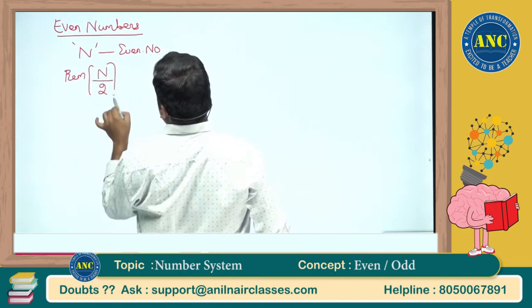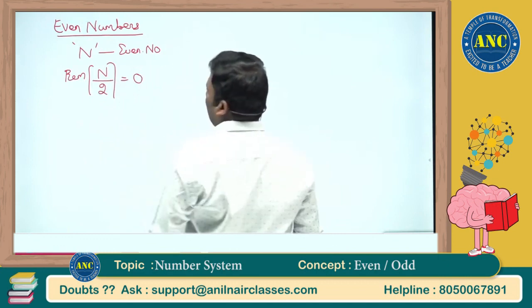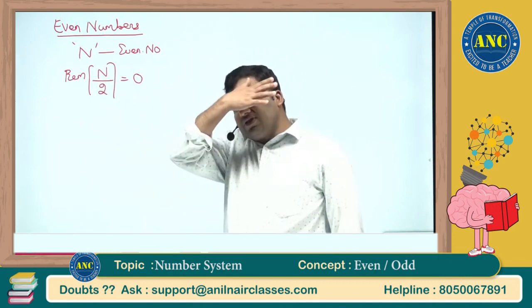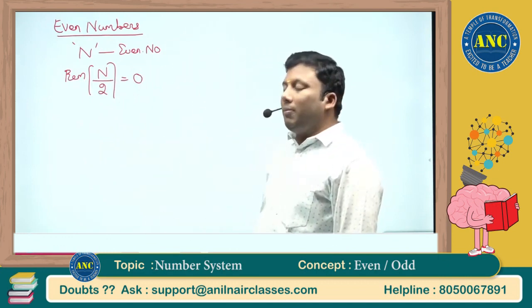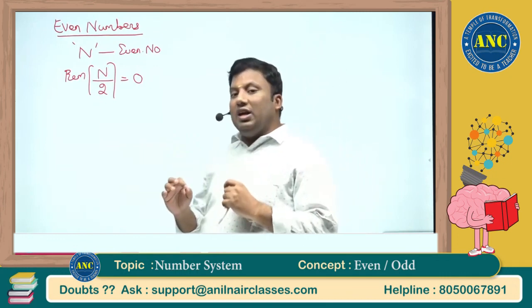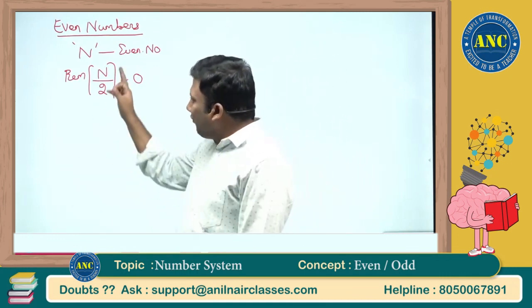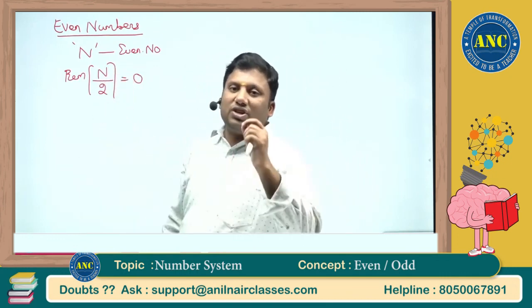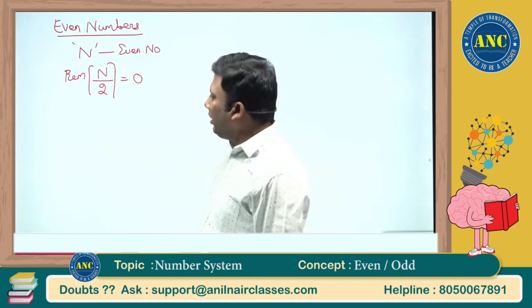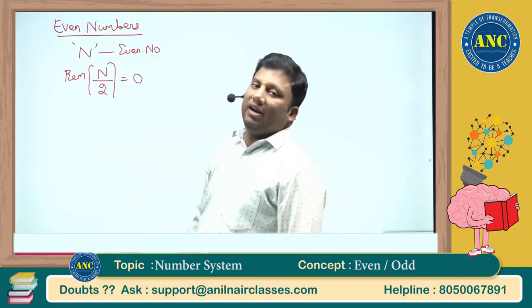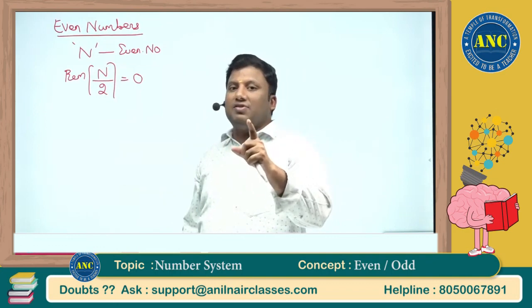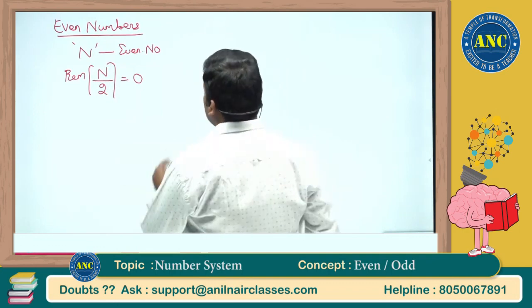Perfectly divisible means it should give remainder 0. This is the mathematical definition of an even number.